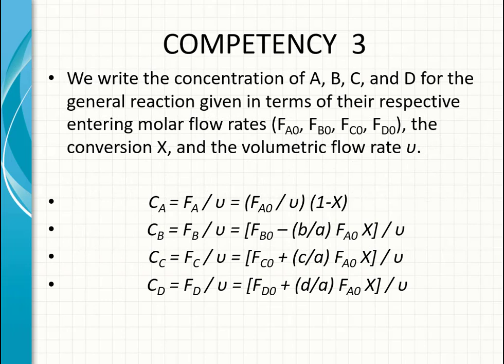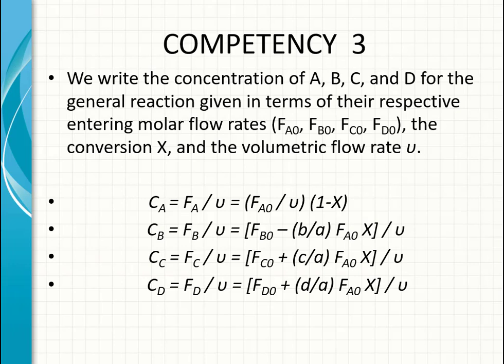Rewrite the concentrations of A, B, C, and D for the general reaction given in terms of the respective entering molar flow rates FA0, FB0, FC0, and FD0, the conversion X, and the volumetric flow rate v.